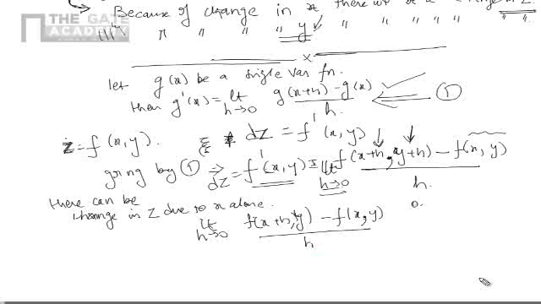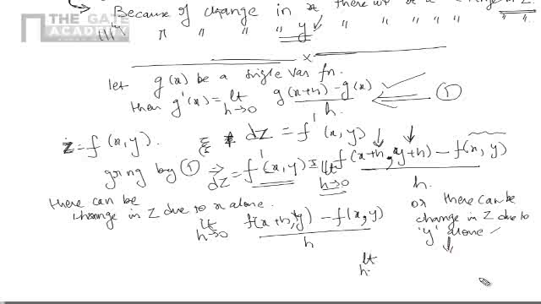Or there can be change in z due to y alone. This is also possible, right? This is what we have been saying from the starting of this class. I am saying the same statement using different words. So if I write this mathematically, how will it look?